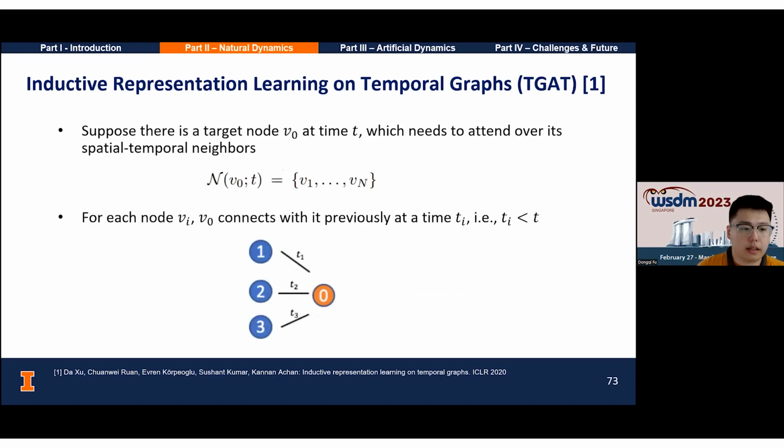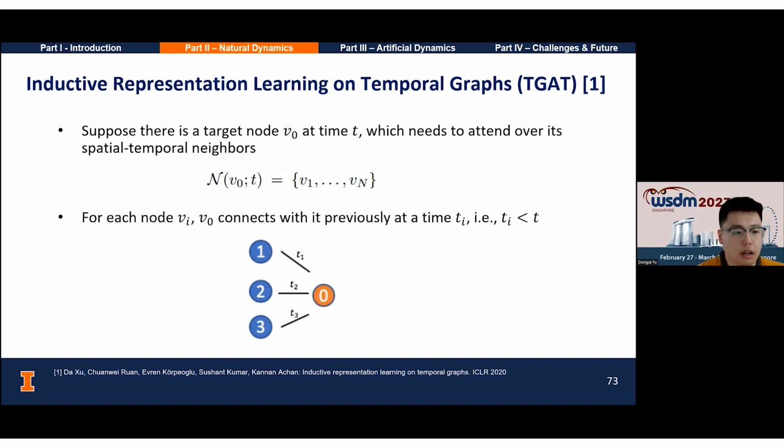So suppose there is a target node v0 at time t. We need to attend its spatial temporal neighbors, as we just got the question from our audience. So N(v0, t) is the spatial temporal node set, which means that for each node vi, v0 connected with it previously at a different time step.